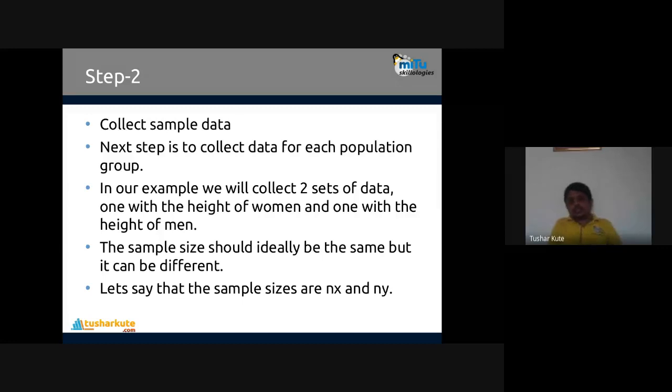Remember, let's say that the sample sizes are nx and ny. nx is the number of samples for men, and ny is the number of samples for women. Fine, so we'll collect this data set. When you do t-testing, it's not compulsory to have the same number of samples. You can have different sample sizes also. That is also possible.